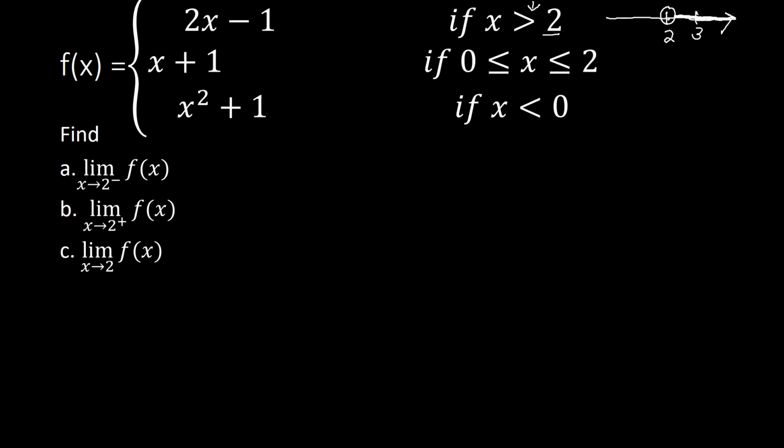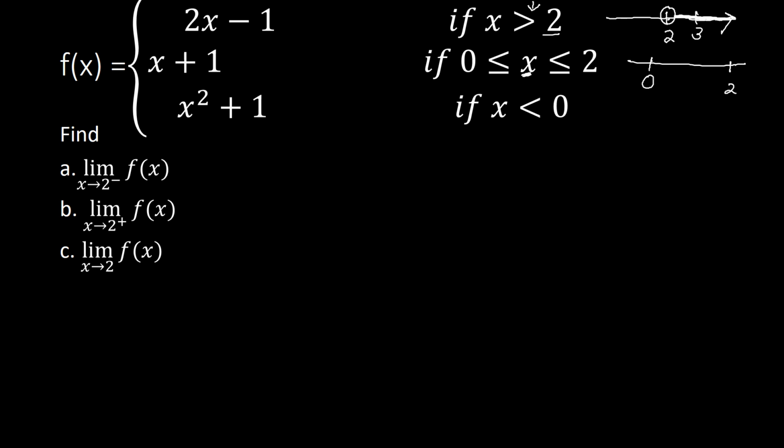Next domain here, we've got x in between 0 and 2. Notice that x is in between 0 and 2. That means the included values here start with 0 and end with 2, meaning it's going to be between the two values.